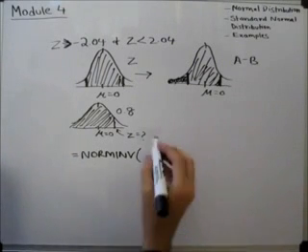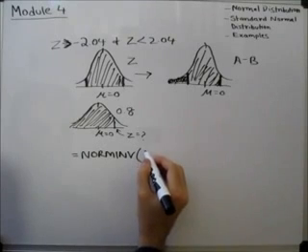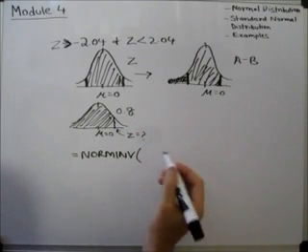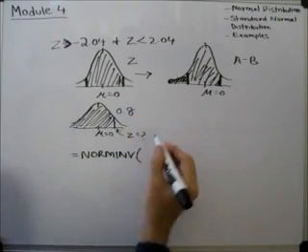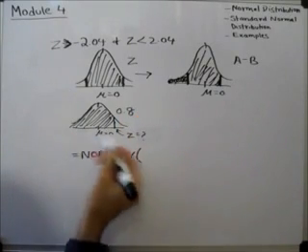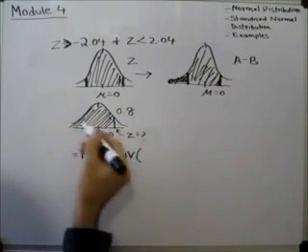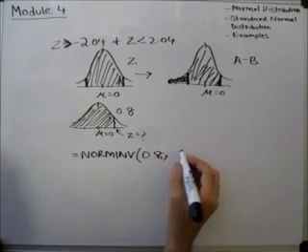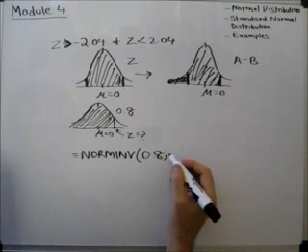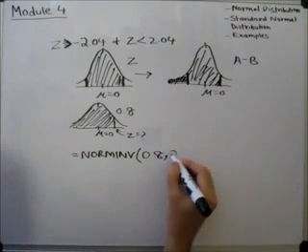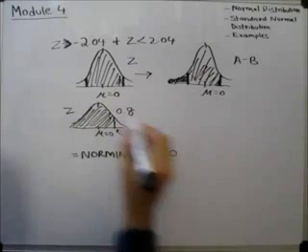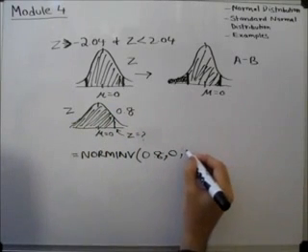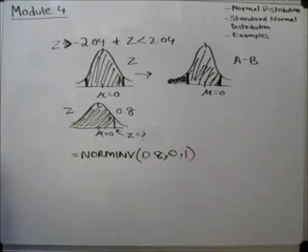It expects a p-value, in this case 0.8, and it always expects the cumulative p-value, so less than on this side. It expects the mean, which is going to be 0, because again we're interested in z, and the standard deviation, which is 1. And this will give you your answer.